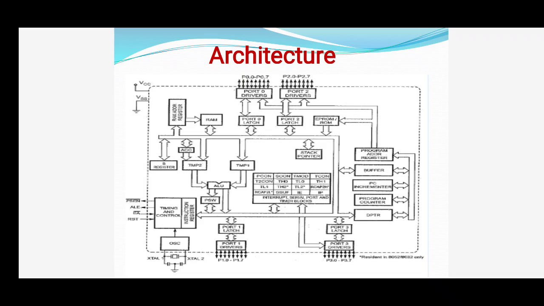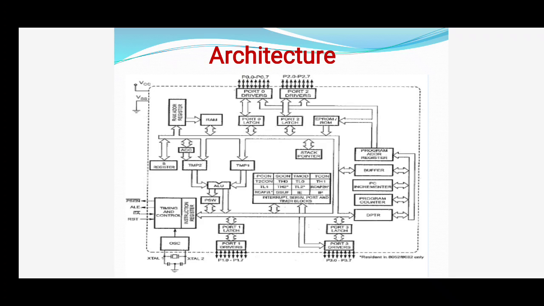The next block is the timer and control unit. It is an important block as it generates control signals and controls all the operations performed. You can see 4 signals in it. First is PSEN bar, EA bar, ALE and RST.